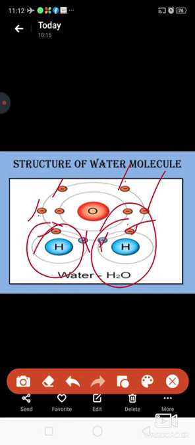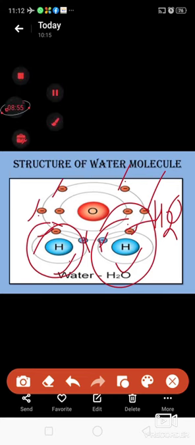So all 3 are in a stable state and it is represented by the water molecule. That means 2 atoms of hydrogen combine with 1 atom of oxygen and form a water molecule. So this is the chemical formula of the water molecule.